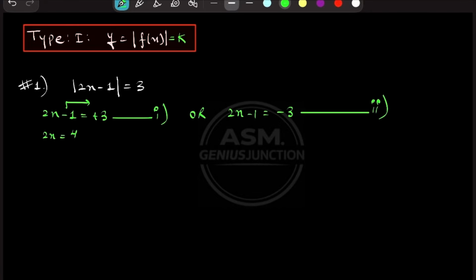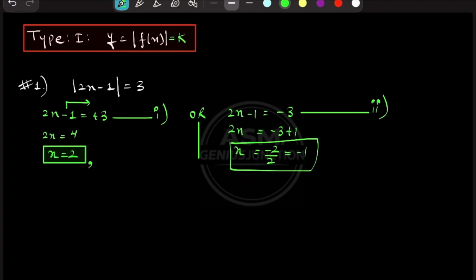It will become 3 plus 1, 4. And finally, I will get x equals 2 as one of my answers. Let's solve the other part of it. This is 2x equals minus 3 plus 1. This is going to give me minus 2 over 2, that is minus 1. So I am getting x equals minus 1.